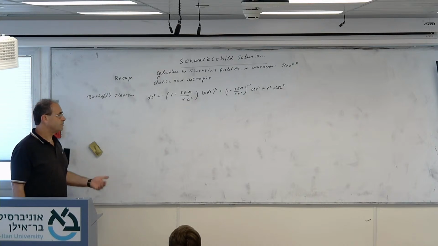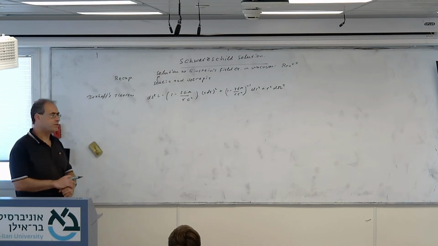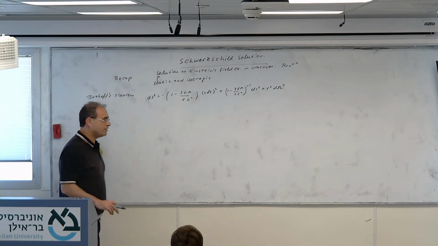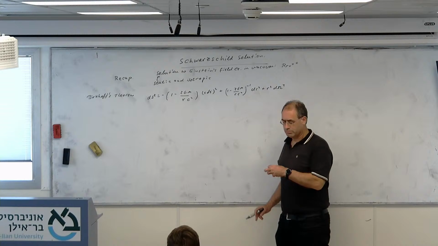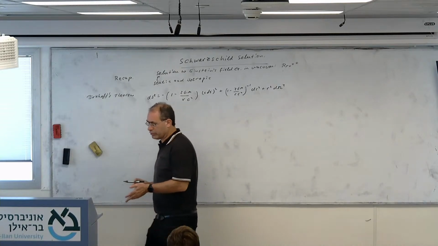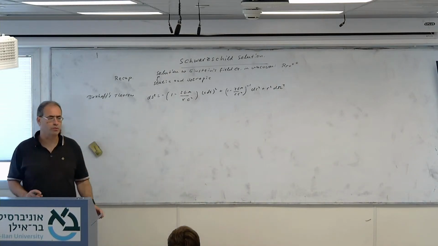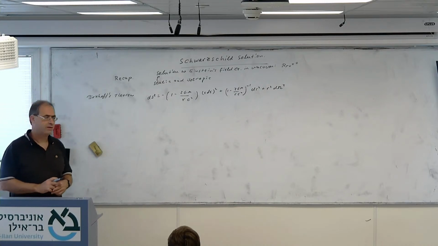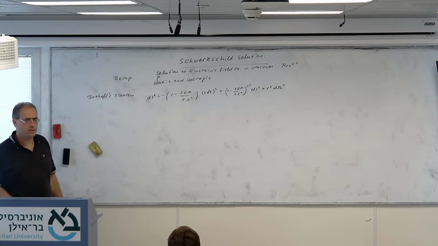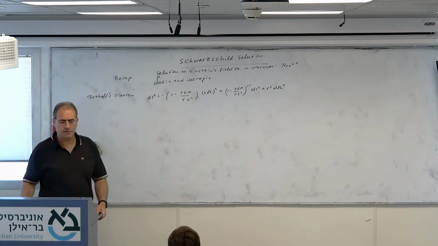And I mentioned to you that observationally there are very good reasons to believe that we don't expect to find any charged black holes in nature, because if they are born charged for any reason, which I cannot see why they would be, because black holes are born when stars collapse, and stars, as we know, are not charged generally, but maybe some objects like that exist.